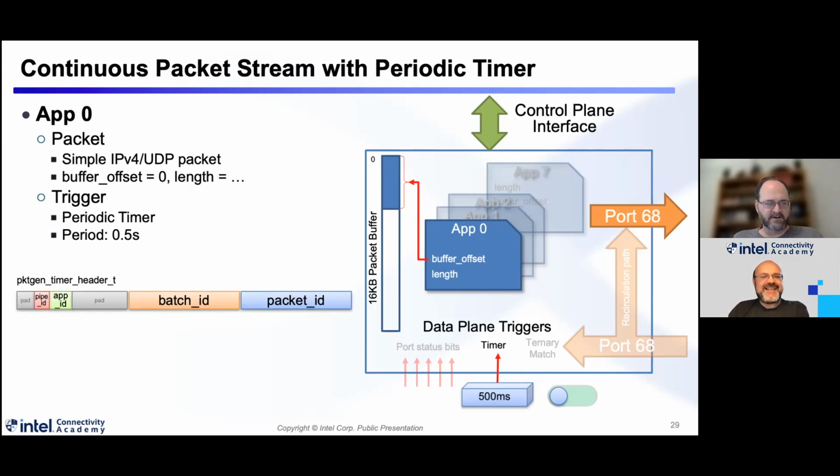And as mentioned earlier, there's a special header that the Tofino packet generator sticks in front of each of these packets. And so if you're generating multiple packets from a single trigger, part of that header is typically the batch number that the packet is in and which packet within that batch, so that you can even generate many packets and use that packet ID or batch ID as an index into a table or some P4 register to do something a little bit different with each packet.